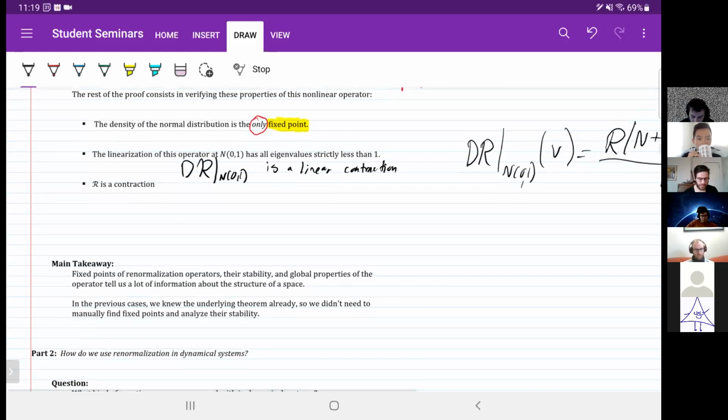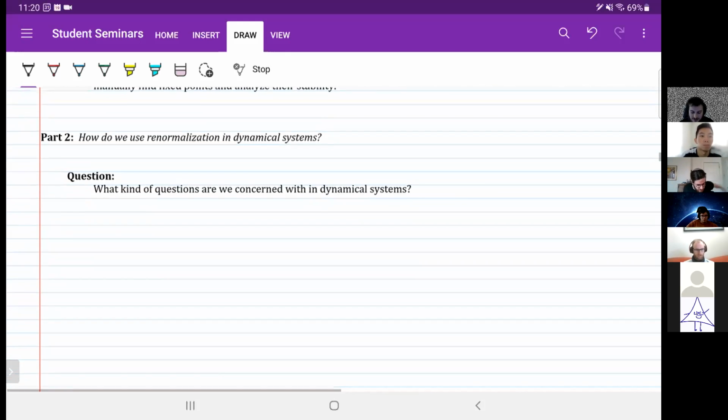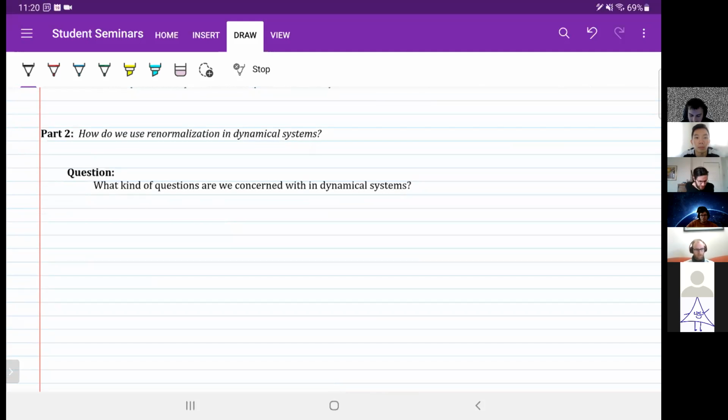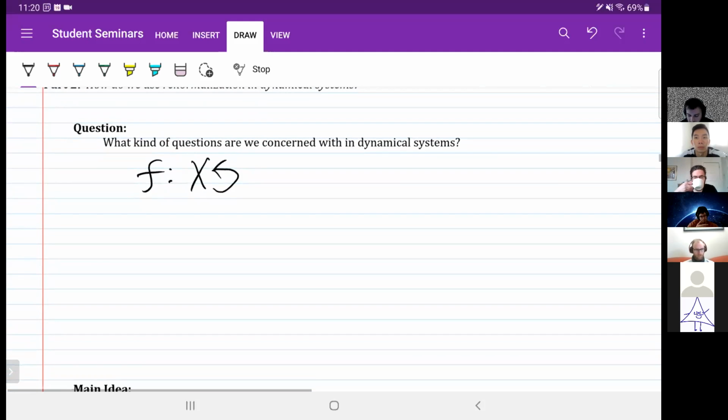Okay, so now I'm going to talk a bit about dynamical systems. I understand that perhaps a lot of you have not seen much dynamical systems, so let me briefly talk about what kind of question we are concerned with. In dynamics, we're concerned with the behavior of maps which go from some object to itself, usually a topological or measure theoretic space to itself.